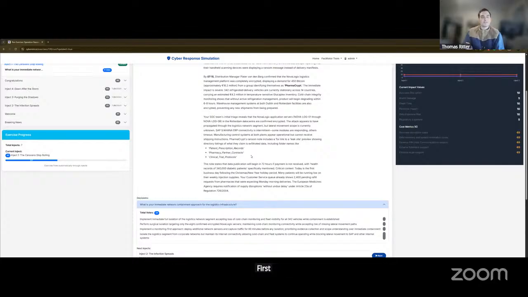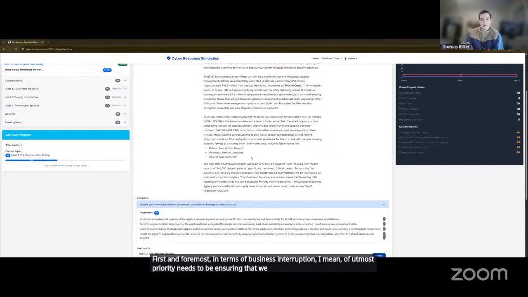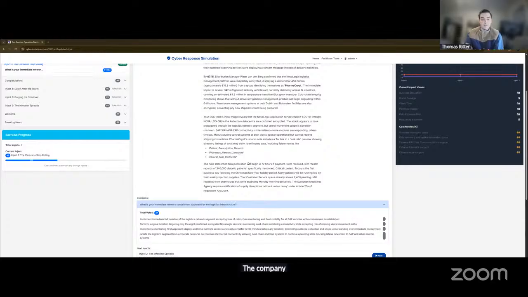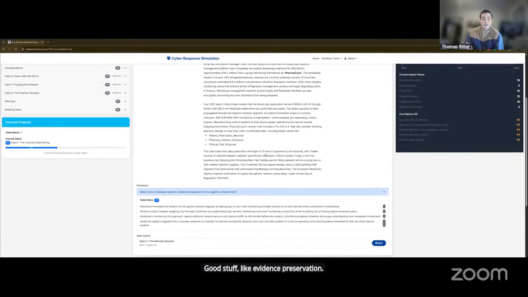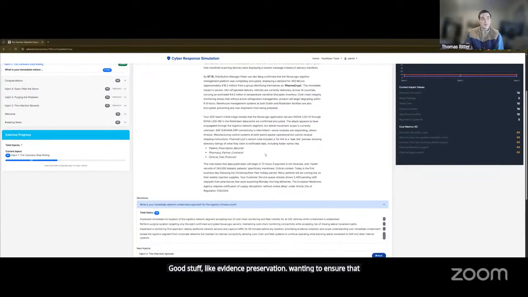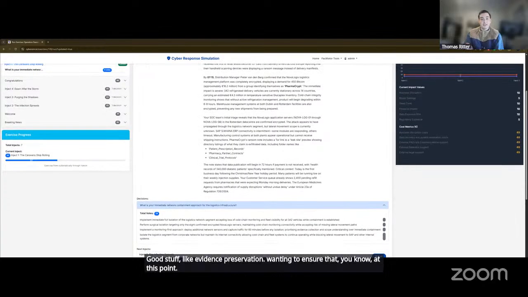First and foremost, in terms of business interruption, of utmost priority needs to be ensuring that we can provide the requisite level of patient care that the company prides itself on. But then beyond that, where my legal mind goes is evidence preservation, wanting to ensure that, at this point, we're implementing and enacting our incident response plan.